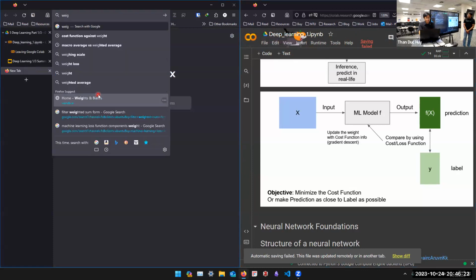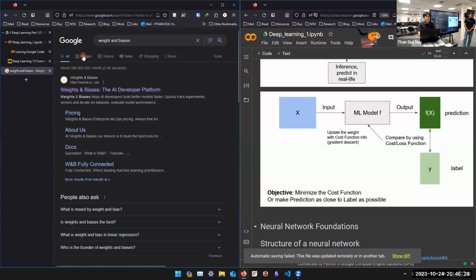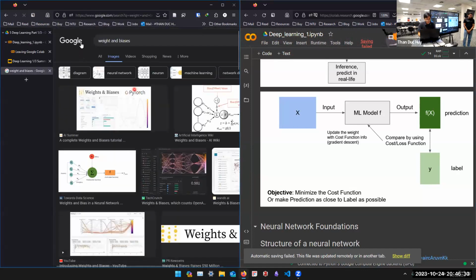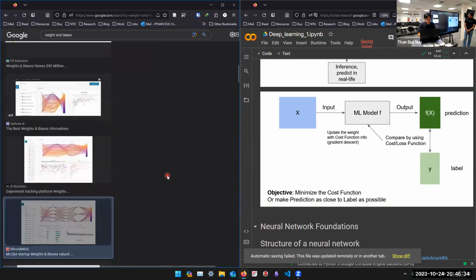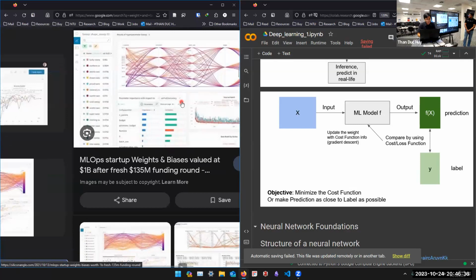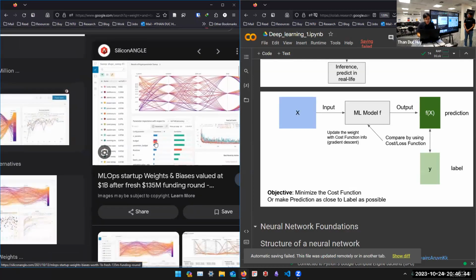I'm not sure if you have heard about this, but there's a company called Weights and Biases. Yeah, the same concept that you have shared. In this Weights and Biases platform, you can see they log a lot of things, like which weights go into where, how many parameters, what the budget is like for our machine learning project, and how the loss function decreases over time.